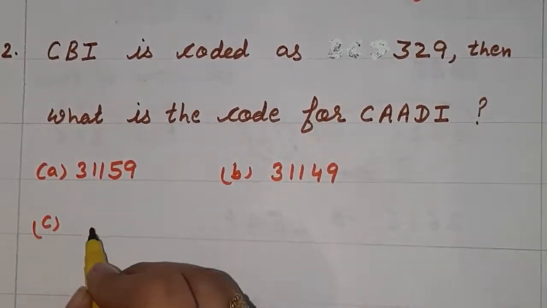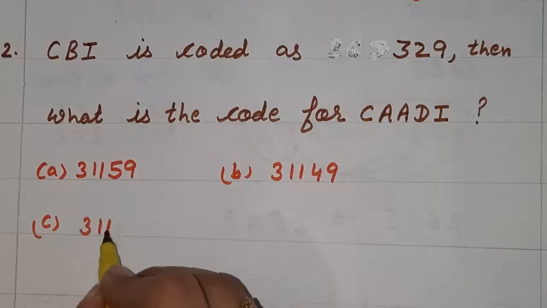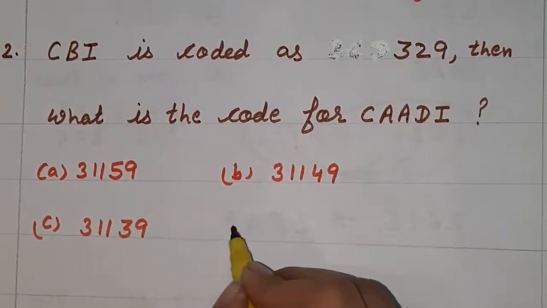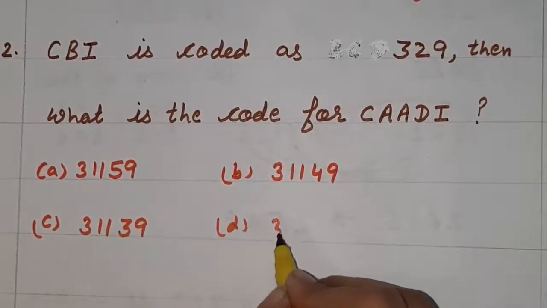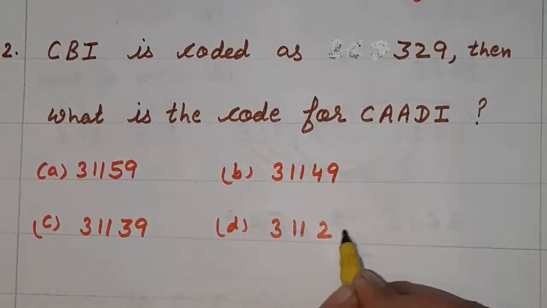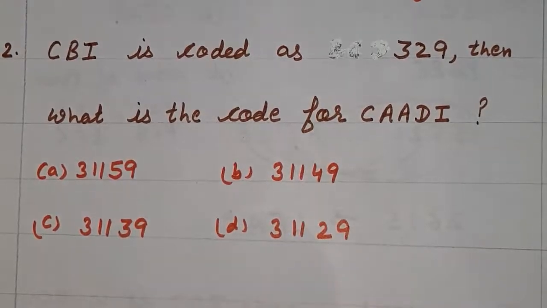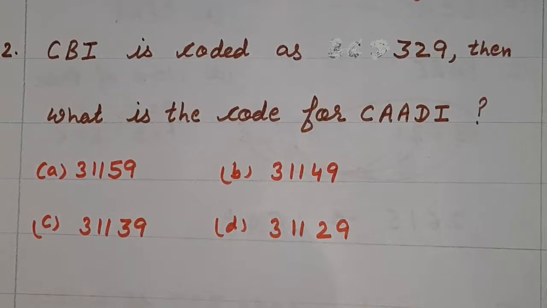Option C, 31139. And option D is 31129. Right? You have to find out the correct one.